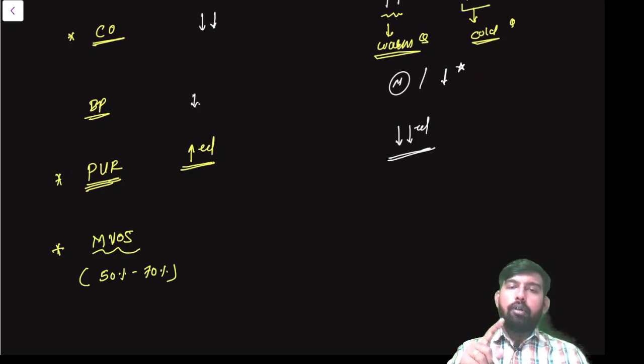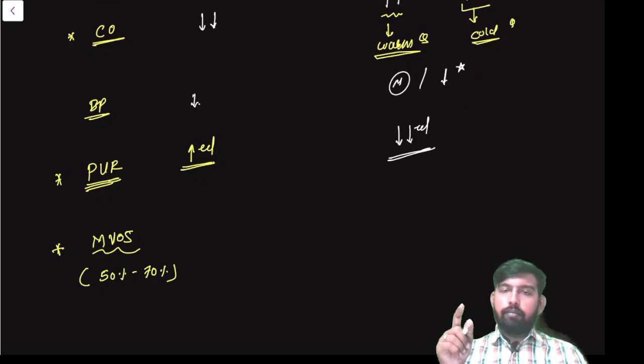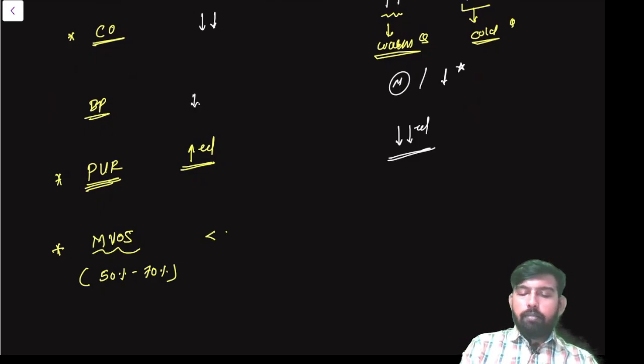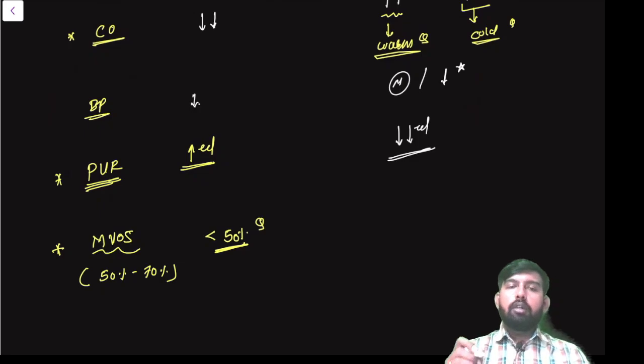In case of a hypovolemic shock, the amount of blood is decreased, so tissues or cells are craving for oxygen. As soon as the blood goes to the tissue or cell, they try to absorb the maximum amount of oxygen from the blood, and the returning blood has a lower oxygen saturation. So it could be less than 50% in case of a hemorrhagic shock or hypovolemic shock.